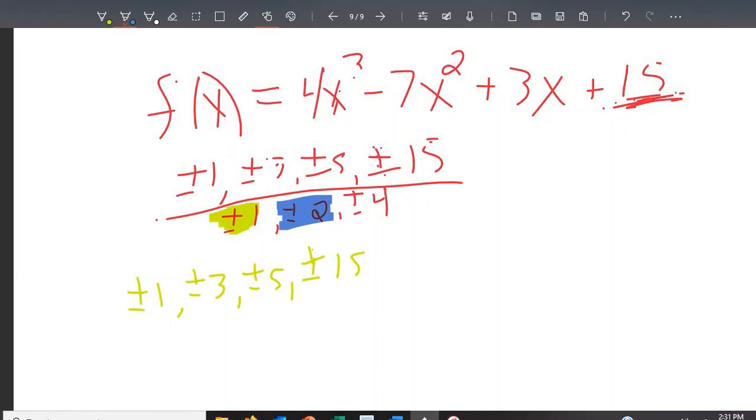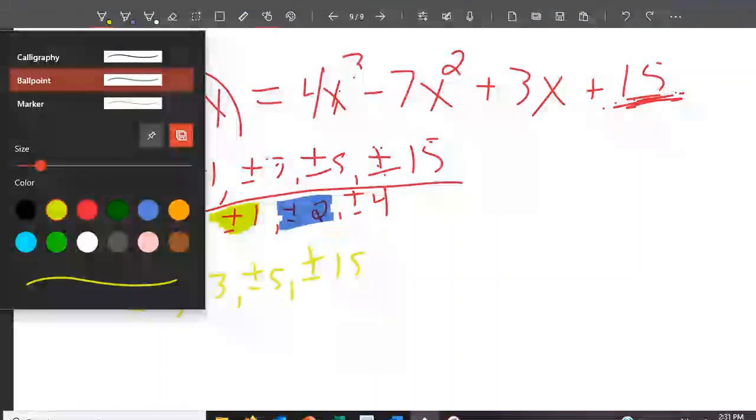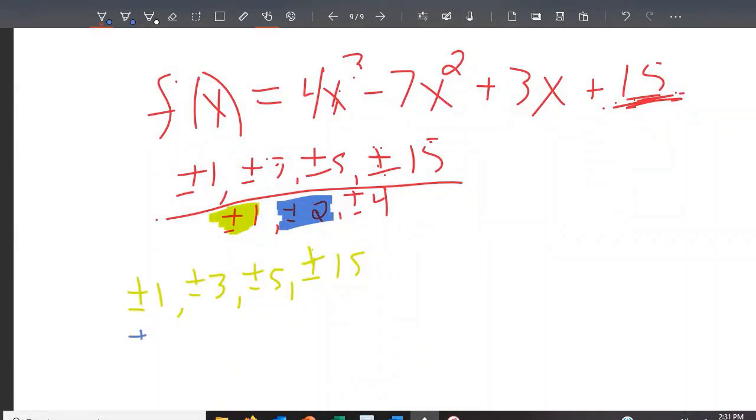So we'll have plus or minus 1/2, plus or minus 3/2, plus or minus 5/2, plus or minus 15/2.